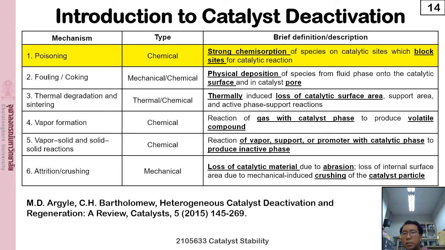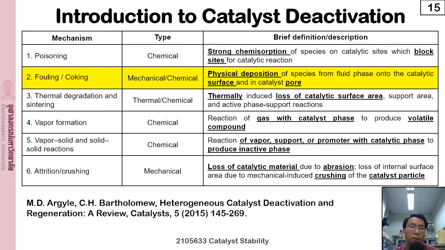So if you have less of the active site, you can convert less reactant to products, causing a drop in activity, and your yield of products will decrease. So during poisoning, you lose the active site, which results in the loss of activity.